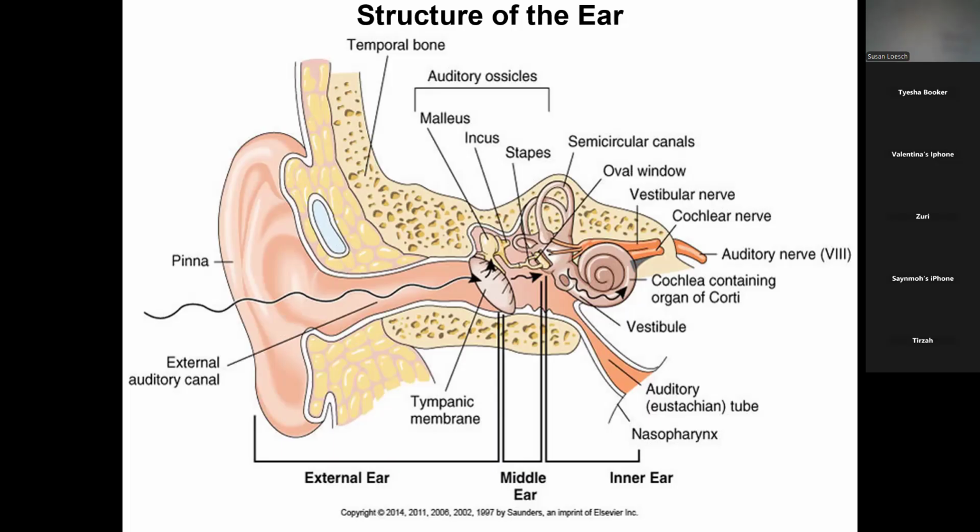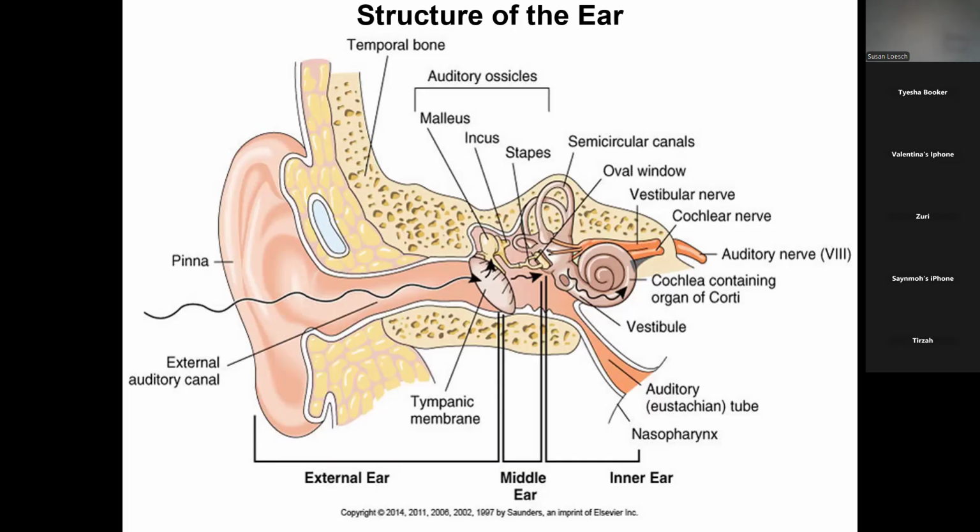In that bony labyrinth, you have fluid, it's called perilymph fluid. And it's going to fill that area up with endolymph fluid. Why do you have to know that? Because that endolymph fluid, that perilymph fluid, is what causes sound to occur, and it's also what helps with your balance.